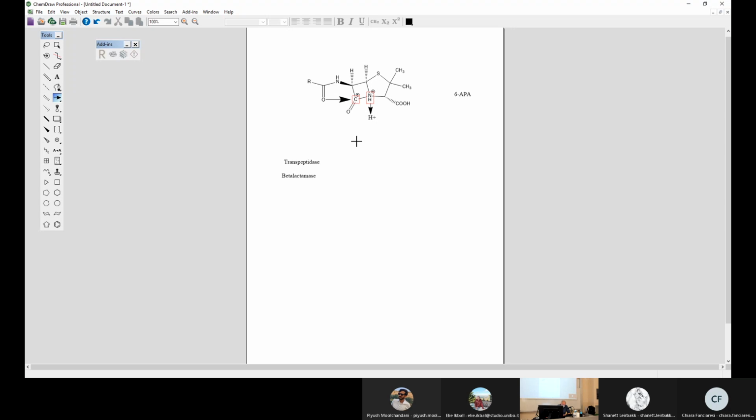So you can understand how normally a penicillin is not stable in acidic condition, because you have an intramolecular attack from this oxygen atom in the side chain, because this carbonyl carbon is now more reactive.